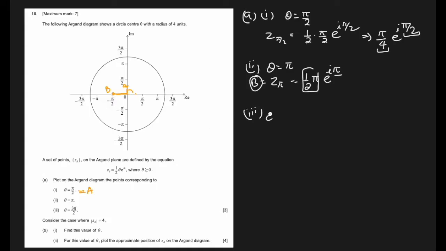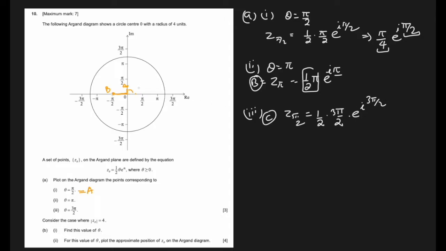Let's move on to the third point, which I will call C. Z 3 pi by 2 will be half times 3 pi by 2 e to the power i 3 pi by 2.